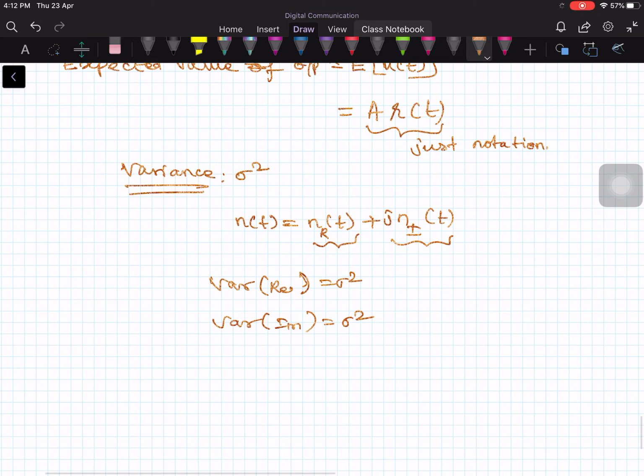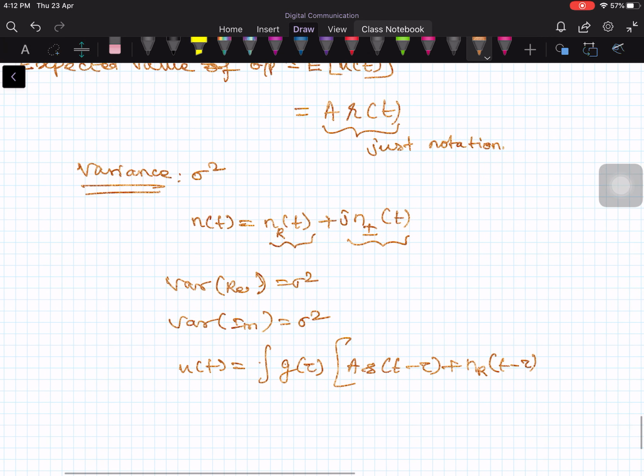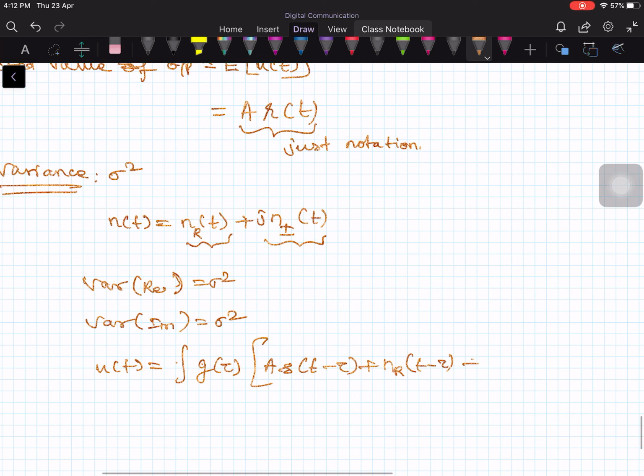Now your u of t is the integral of your impulse response g of tau times a times s of t minus tau, plus, if you substitute n, n r of t minus tau plus j times n i of t minus tau, d tau.